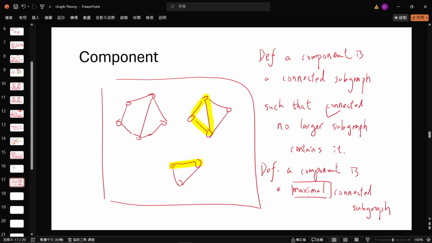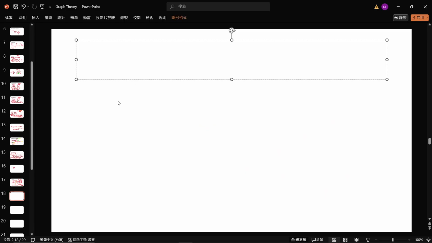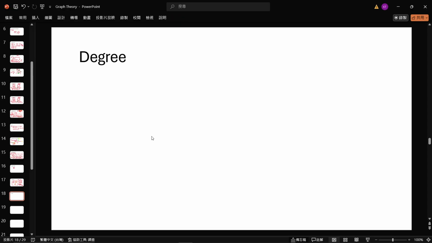All right, so that's component. I have to define one more boring concept before we can start discussing some interesting problems.